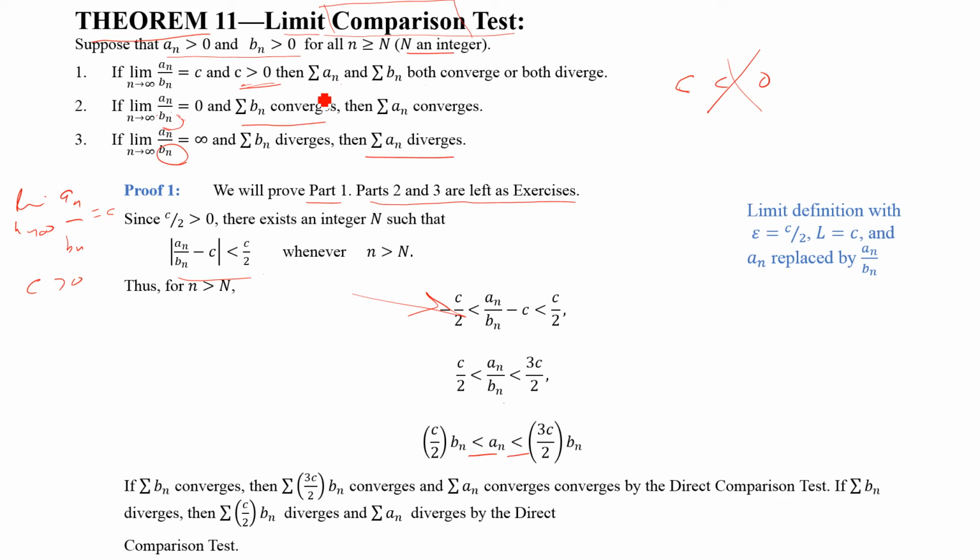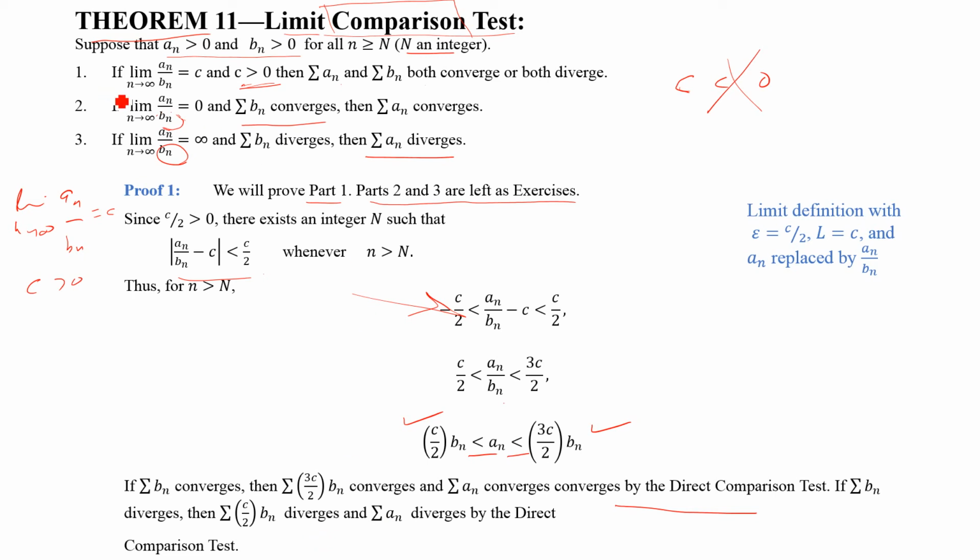Now we are in a position to conclude something. If sigma b_n converges, then sigma 3c over 2 b_n also converges, and then since the right series converges, sigma a_n is also convergent by the direct comparison test. Now, if sigma b_n diverges, then sigma c over 2 b_n also diverges, and what does this mean? Sigma a_n also diverges by the direct comparison test.